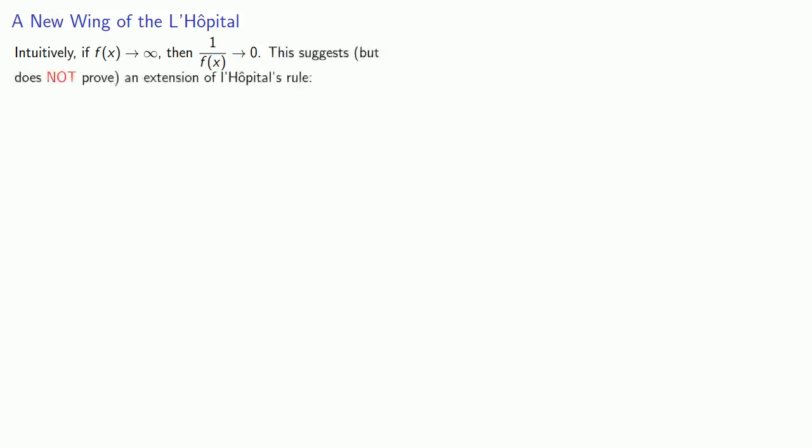And these ideas allow us to open up a new wing of the L'Hopital. Intuitively, if our function goes to infinity, then 1 over our function goes to 0. This suggests but does not prove an extension of L'Hopital's rule.